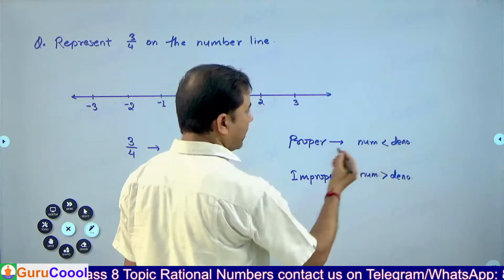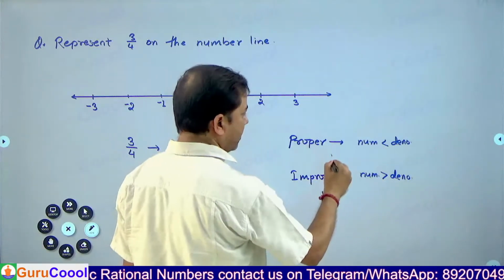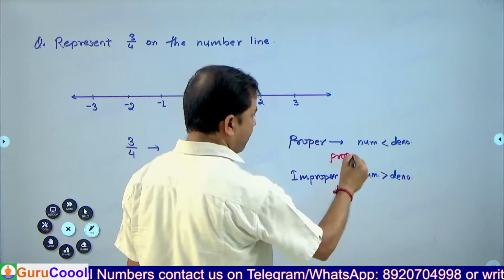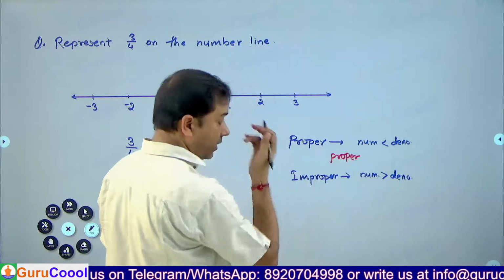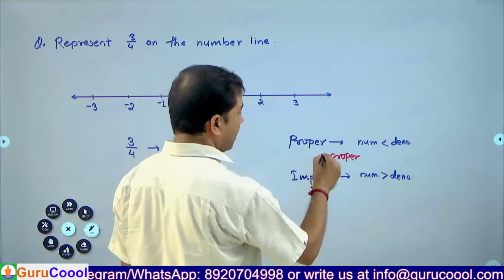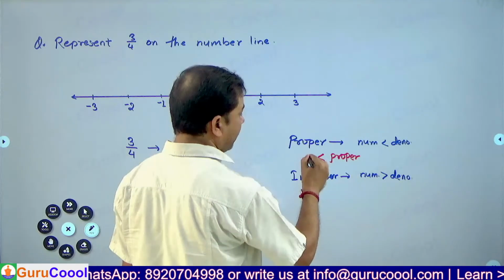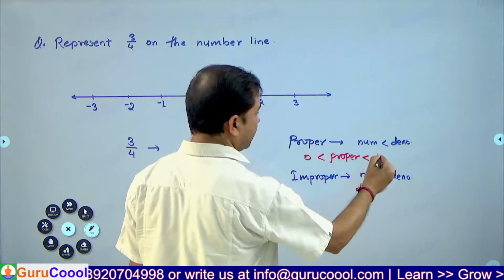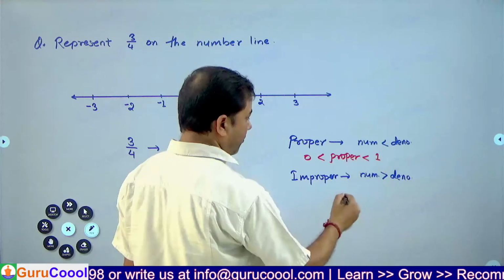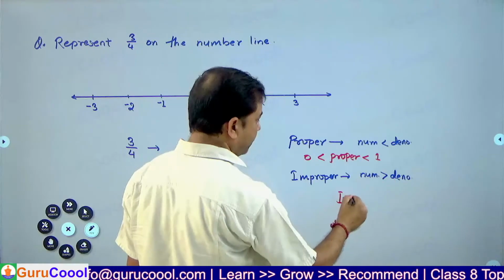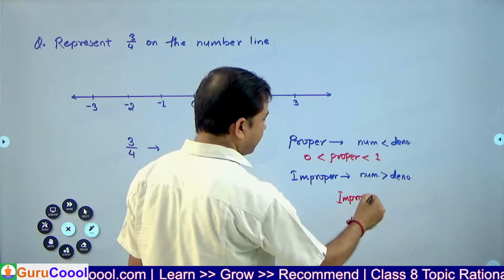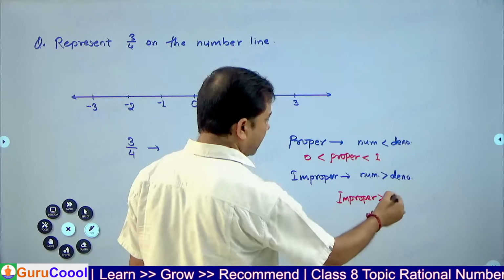If the numerator is smaller than the denominator, then it is a proper fraction or proper rational number. A proper rational number is always between 0 and 1. For improper, the numerator is greater than the denominator, so an improper one is always greater than 1.